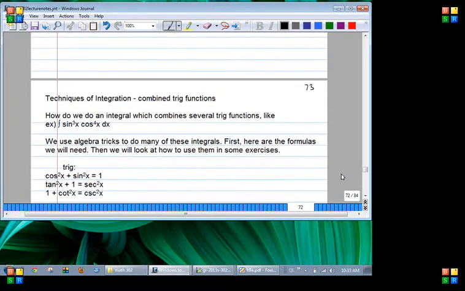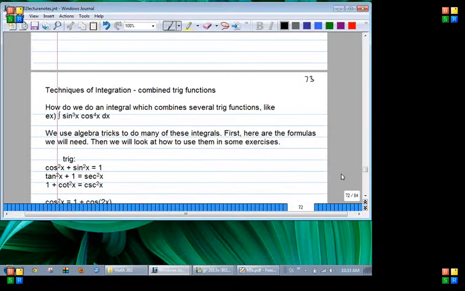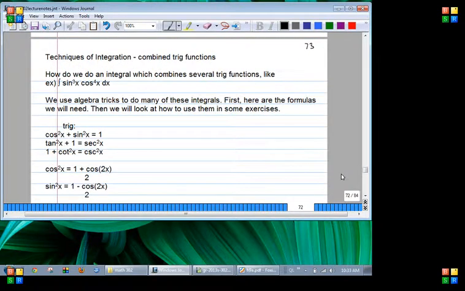So first are the three basic trig identities. Everyone should know the first one by heart, and the other two should ring a bell. Next, we have versions of the double angle formulas.